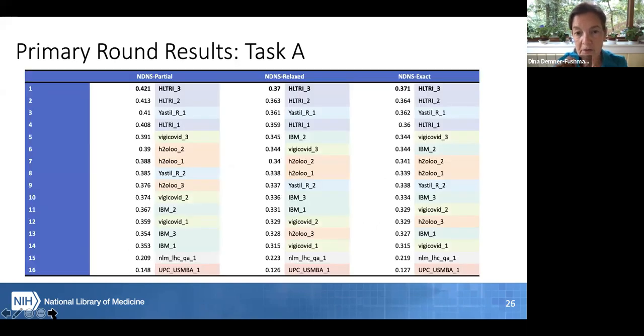And you see here that the results in the primary round were approximately or even better than the ones in the preliminary round, because we had training data now. We see that these 2 systems, the University of Texas and University of Waterloo and IBM have really good results.